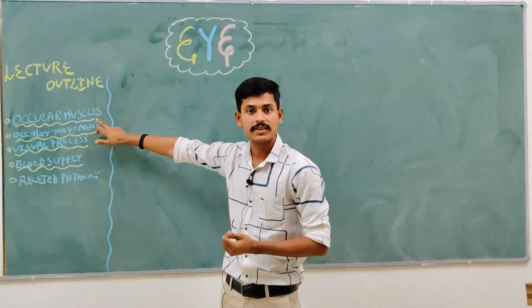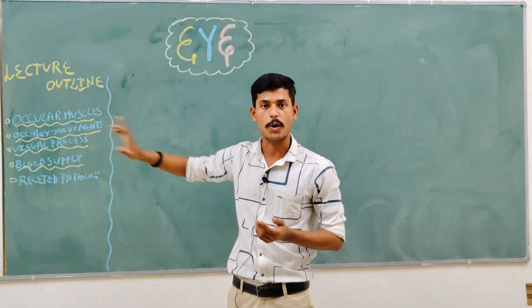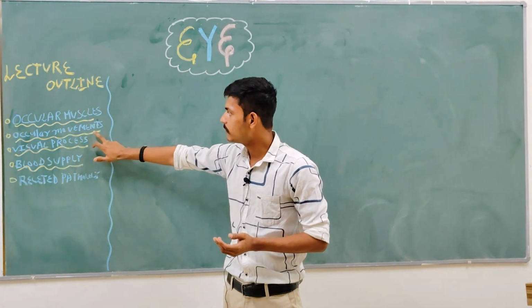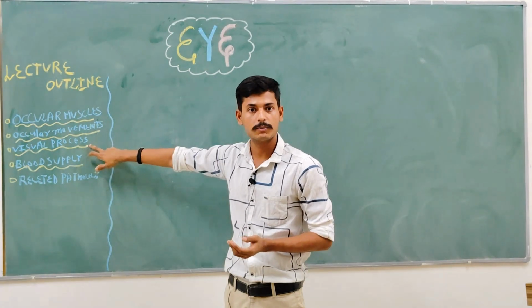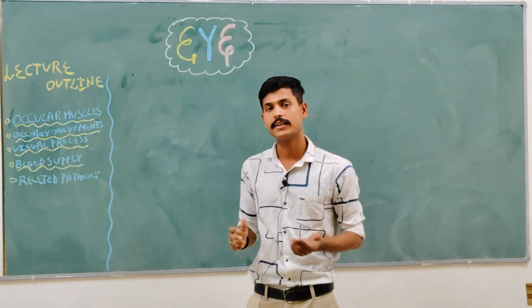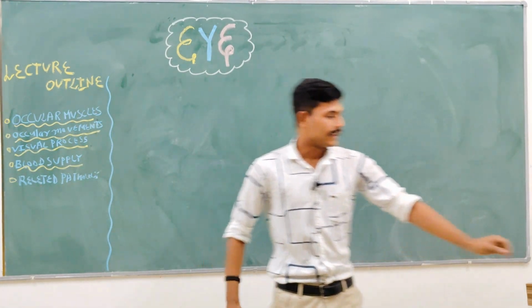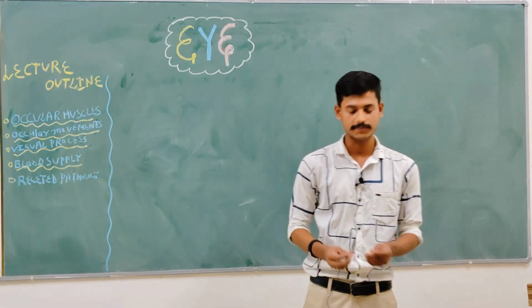The ocular muscles are the muscles which help the eye. Then we will discuss ocular movements, the visual process, then blood supply of the eye and their related pathologies. And I hope you are all well.